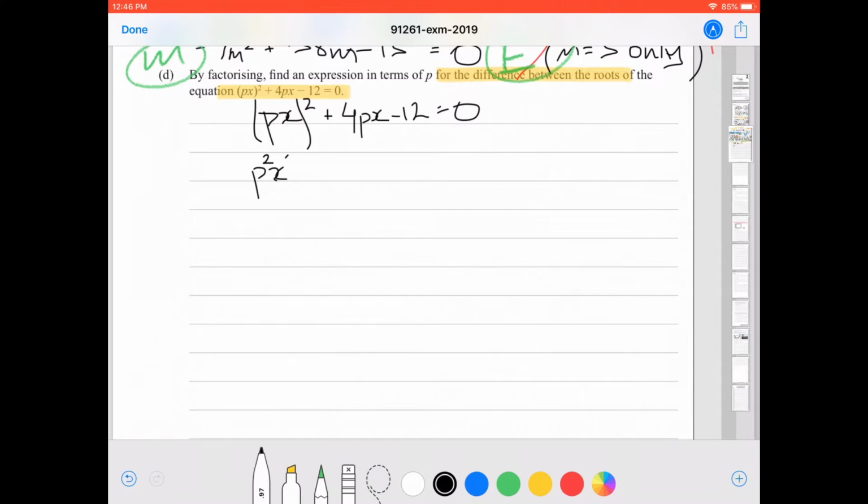We've got p squared x squared plus 4px minus 12, and it's something that we can just go ahead and factorise straight away. So we almost have to forget about the p squared and the 4p. Well, the p by itself. We need our 4x, obviously.